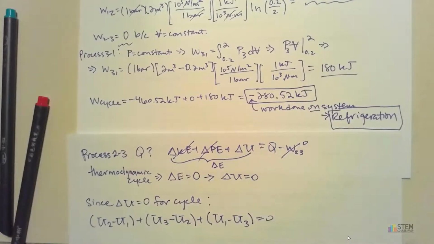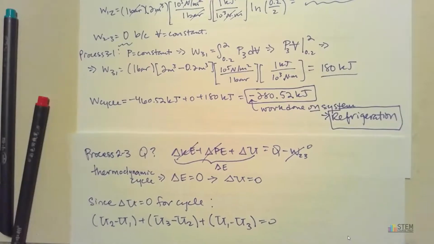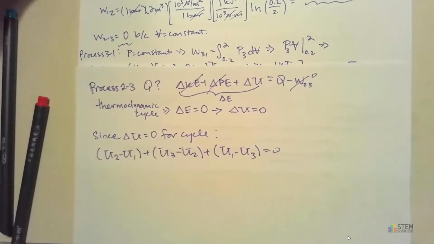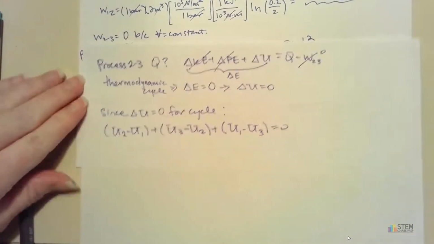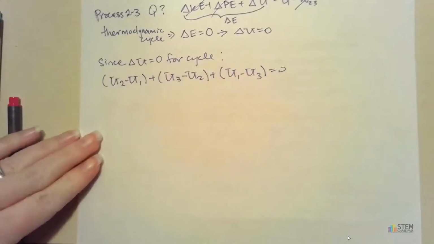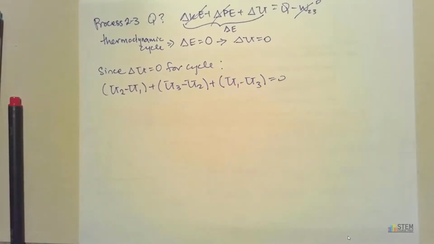Now this is going to give us another equation we can use. So that's always helpful anytime we get another equation. So let's move that out of the way. Okay, now we've got this.